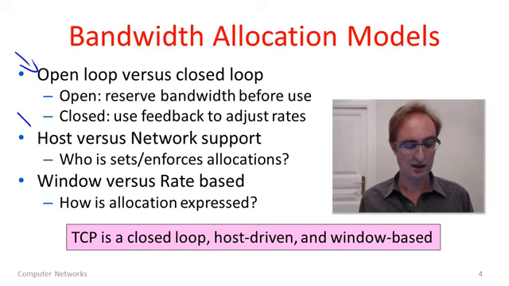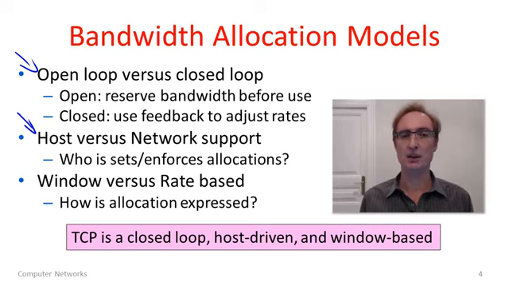We could have allocation mechanisms that are more host-based or more network-based, where, whether they're host or network-based, I really mean which party is responsible for setting and enforcing the allocation. Is that something the network should do, or is that something the host should do? This has implications, by the way, for how the scheme works in different situations.